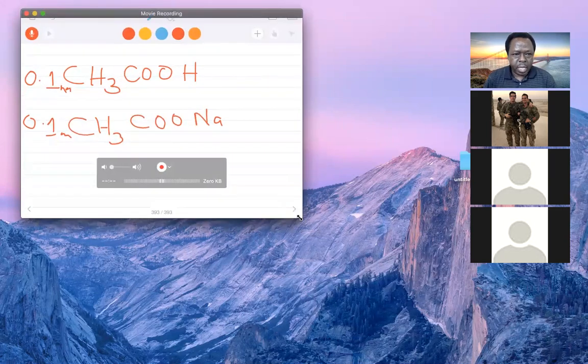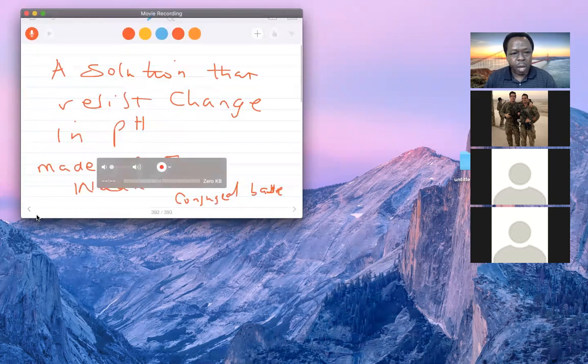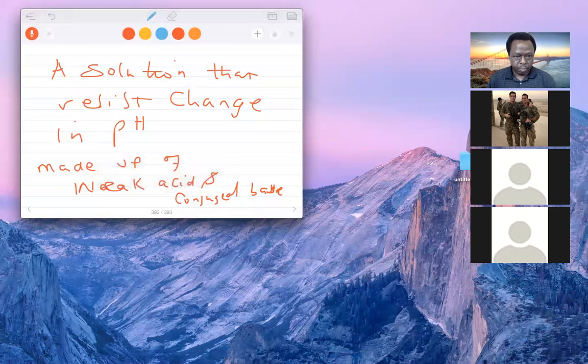So what I was saying is a buffer solution is a solution made up of a weak acid and its conjugate base.